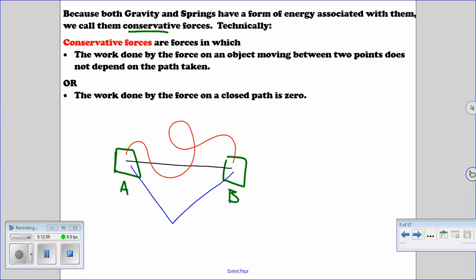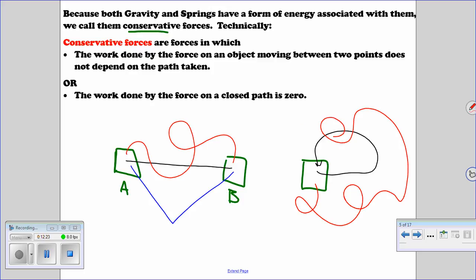Alternatively, if you've got an object that starts at point A, and then it follows any closed path, so that it does maybe this, or maybe one of these, right? Or maybe it does whatever, this, right?